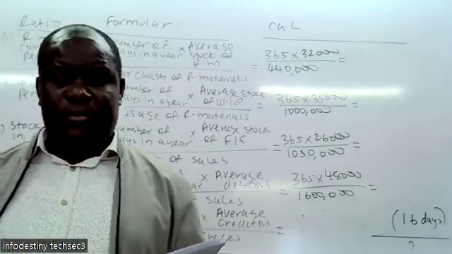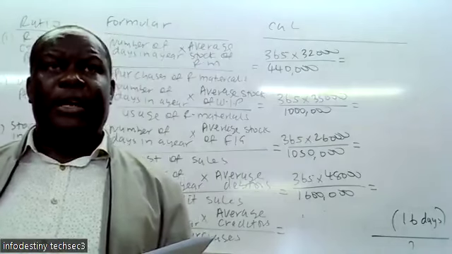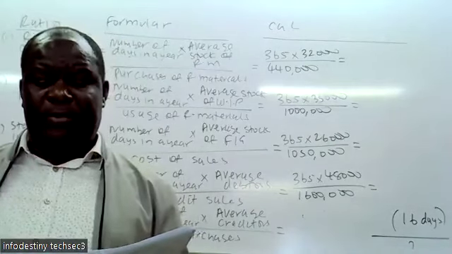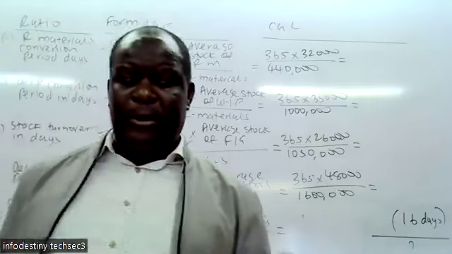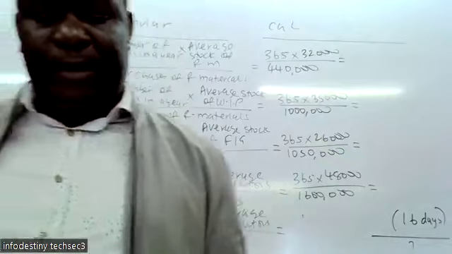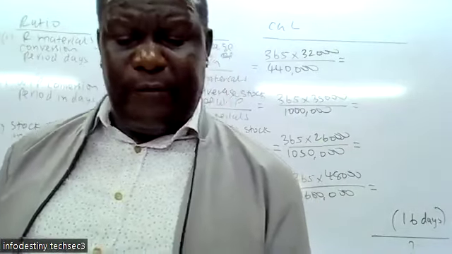In Roman letter 2, they have asked you to differentiate between the following terms as applied in finance: time value of money and time preference for money.